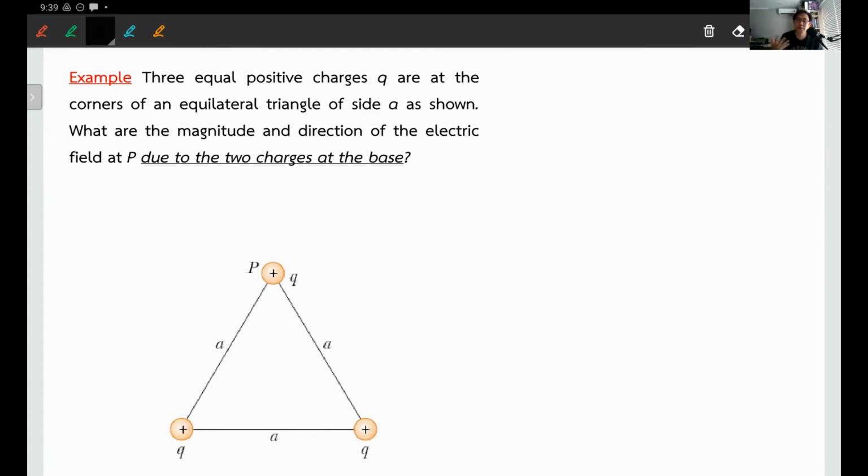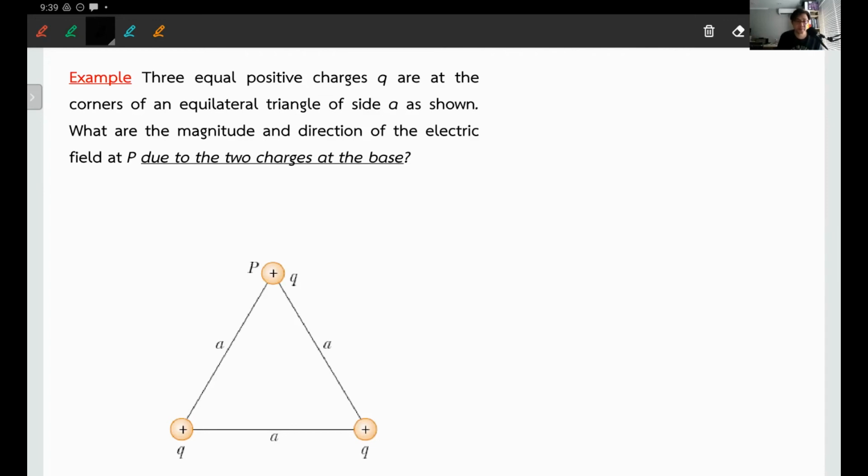I think the best way to try this is just keep trying, because in terms of the principles and everything, that's pretty much it. There's only one principle: the electric field has a formula. That's only a single formula, but the complication comes in when you have to do the vector sum of those fields. I think that's the difficulty of this topic right here.